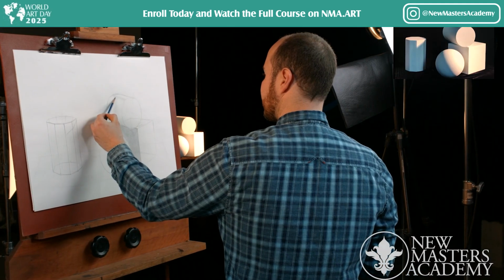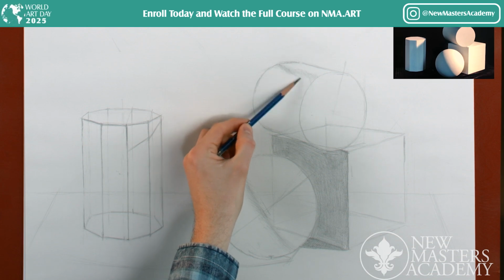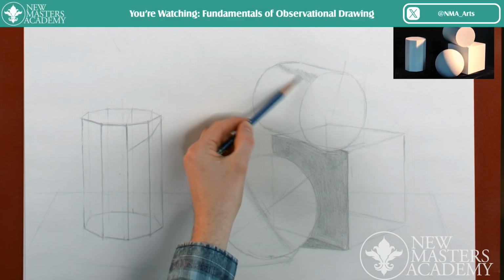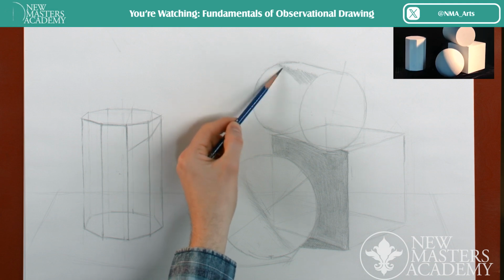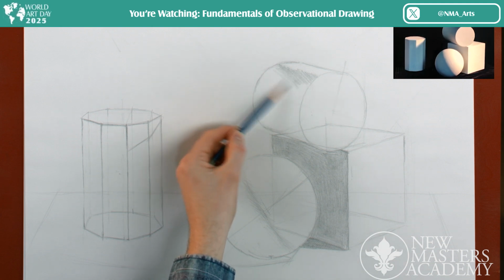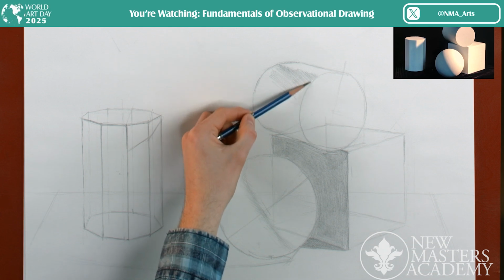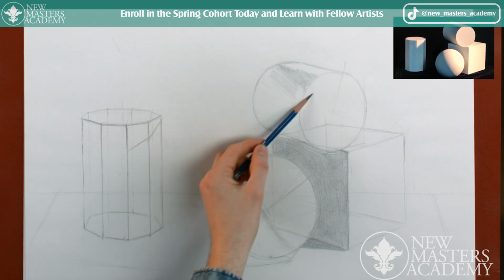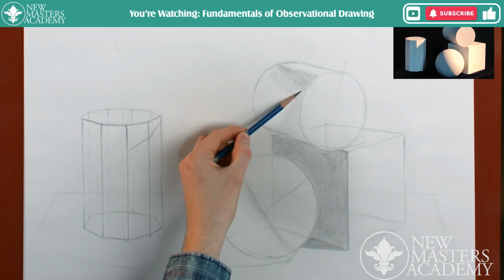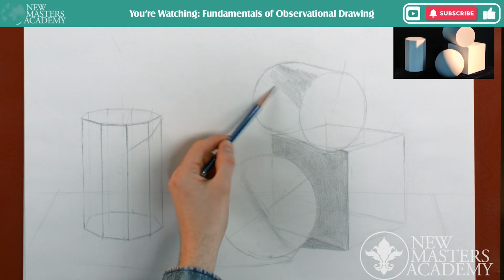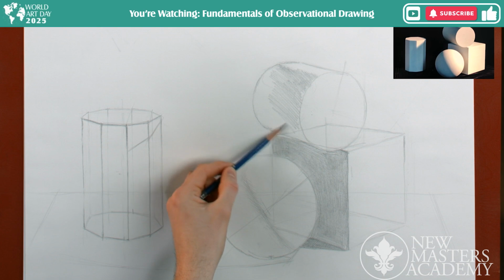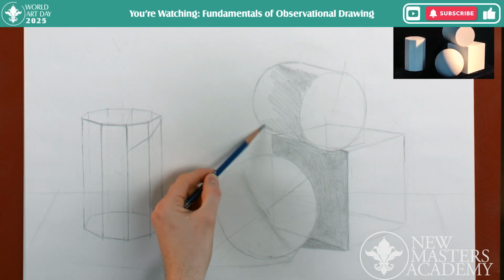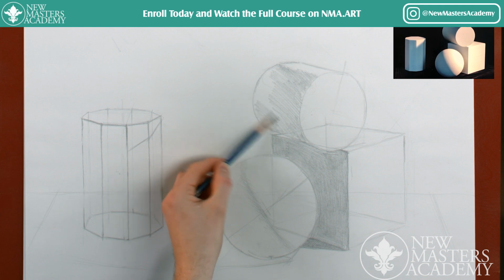Now let's move on to our cylinder. And let's just extend out from that terminator, extend out into, at first, our core shadow, occupying this area on top, and our area of reflected light, which is at the bottom. Now at the moment, as we did before, we don't want too much variation between the two.